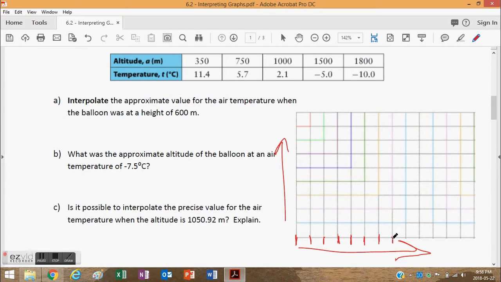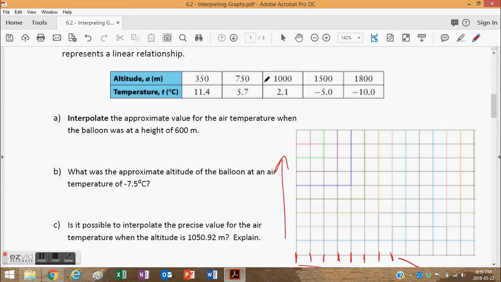So if we wanted to say that this first one is -10, second one maybe is -7, we've got -4, -1, +2, up to 5, up to 8, and up to 11.